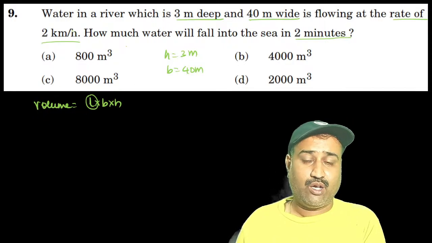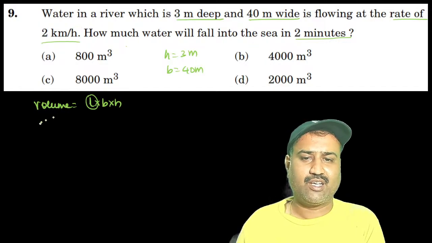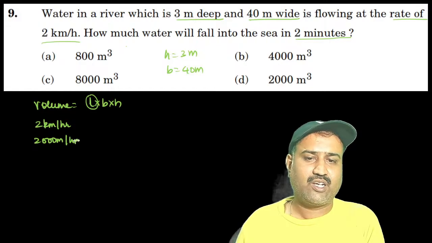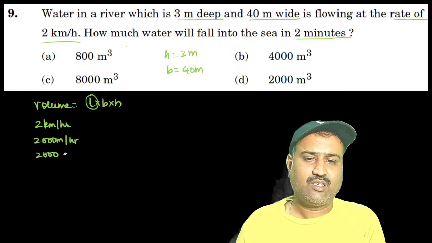Now, converting this 2 kilometers per hour into minutes is an important task here. Assume 2 kilometers per hour, that is 2000 meters per hour, that is 2000 meters per 60 minutes.